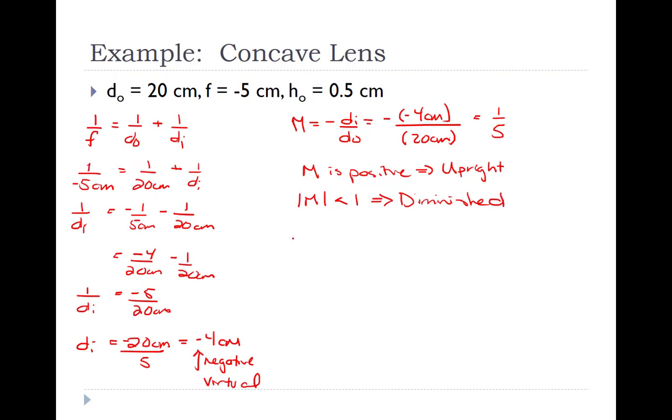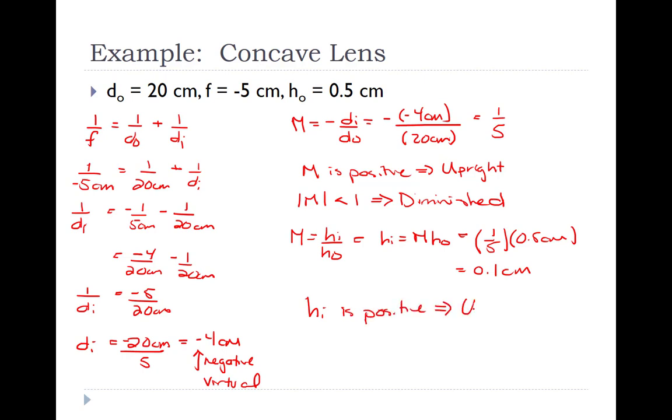Okay. Finally, I can use the other definition of the magnification to find the image height. So the image height is going to be the magnification multiplied by the object height, which is 1/5 multiplied by 0.5 centimeters, or 0.1 centimeters. I can now look and see that HI is positive.